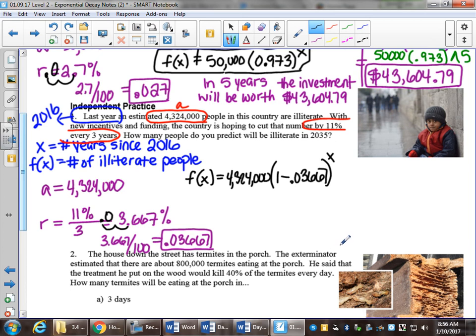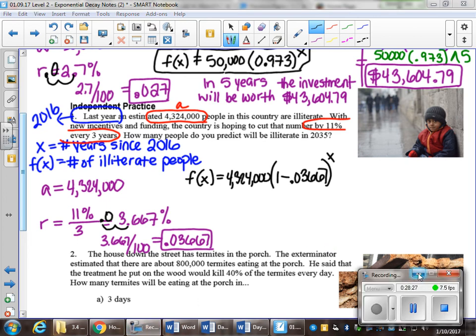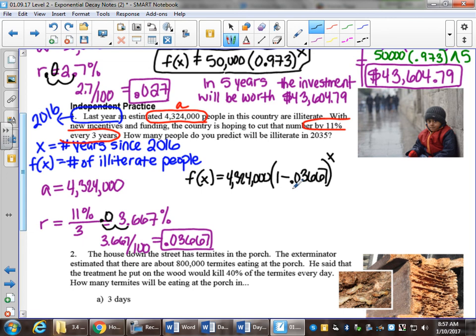Question: are we ready to use the model as it is? The answer is no, because we have to subtract first. So go ahead and do your subtraction. 1 minus 0.03667. That will get our number on the inside. Do the subtraction and keep it on your calculator for a second, because we still have to rewrite the starting of this.